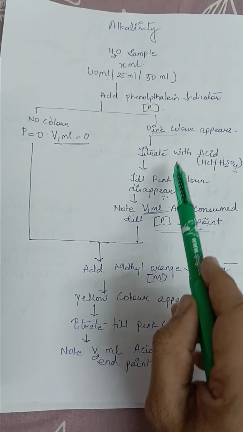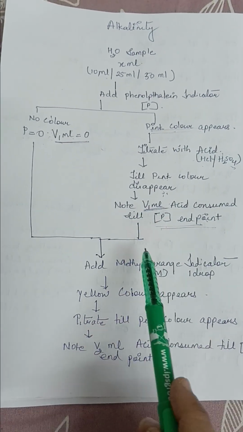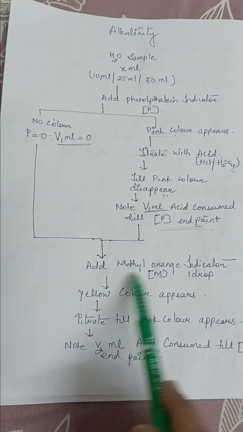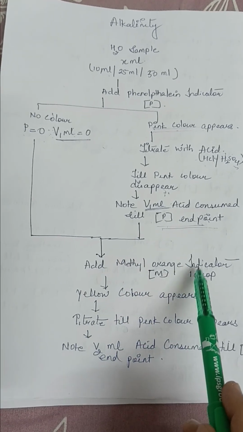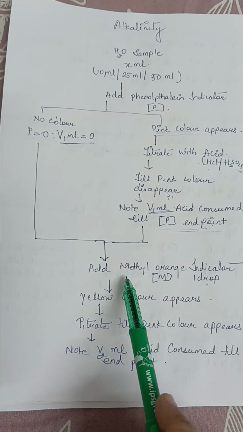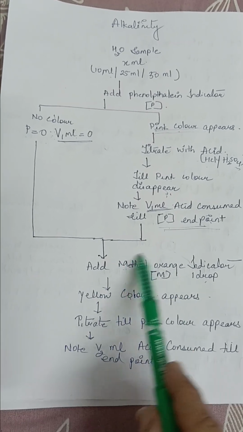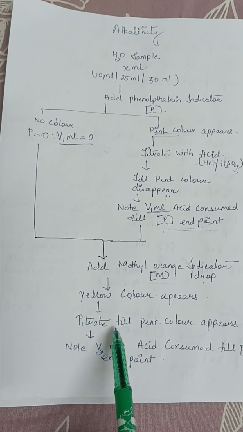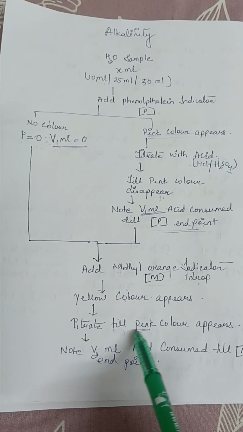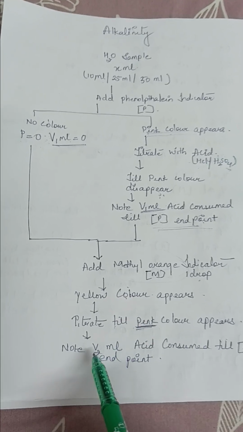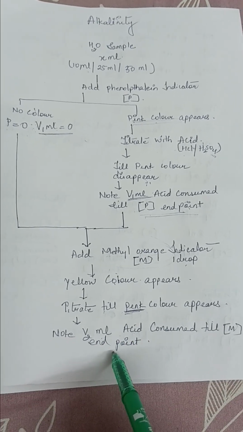If pink color appears, we titrate and note the endpoint where the phenolphthalein color goes to colorless, and then in the same conical flask we continue the titration by adding 1 drop of methyl orange indicator. A yellow color appears due to the addition of methyl orange. Now we titrate this yellow solution till we get the pink color again. This will be V2 ml of acid consumption till the methyl orange endpoint.